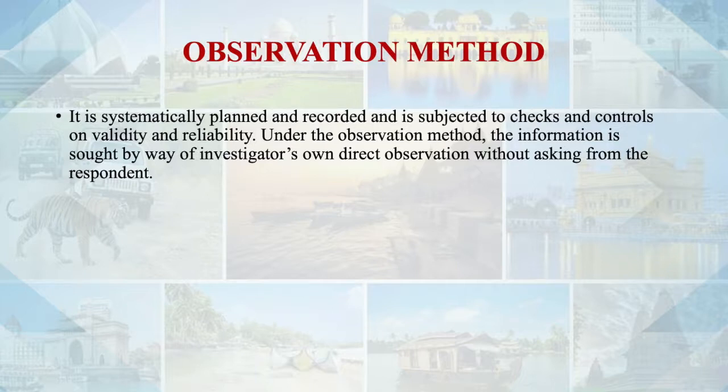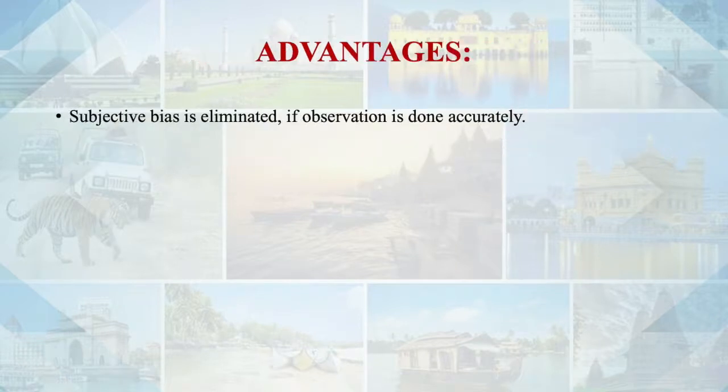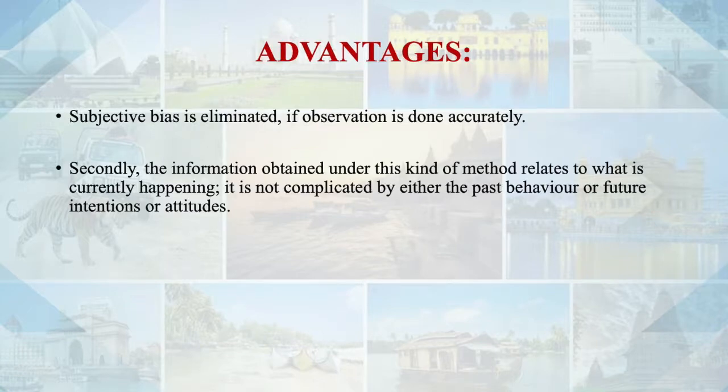Dear learners, under the observation method, the information is sought by way of the investigator's direct observation without asking from the respondent. The main advantage of this kind of method is that subjective bias is eliminated if observation is done accurately. Secondly, the information obtained under this kind of method relates to what is currently happening.